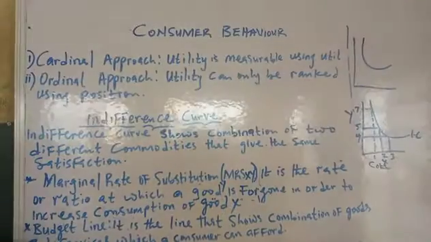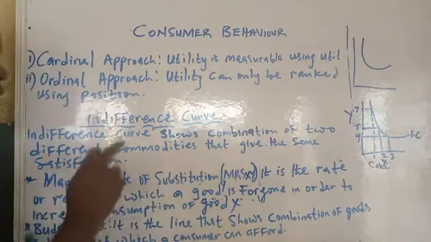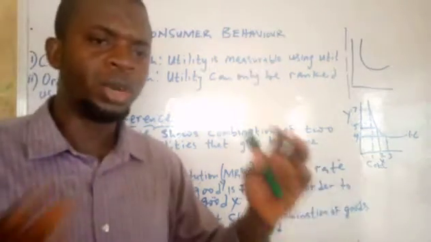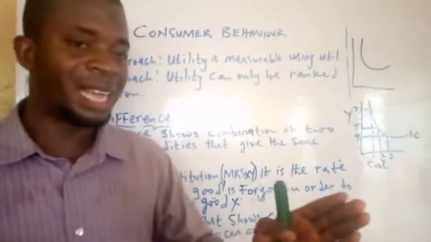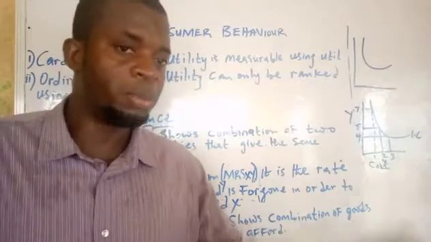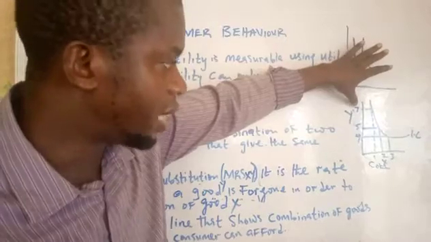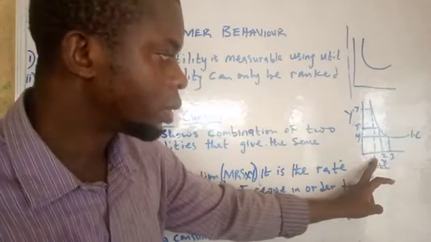Now, indifference curve shows combination of two different commodities that give the same satisfaction, meaning that you consume two different commodities, say bread and Coke. Maybe in the lunch, you want to take bread and Coke. Okay, let's take that this is 7 slices of bread and 1 bottle of Coke.